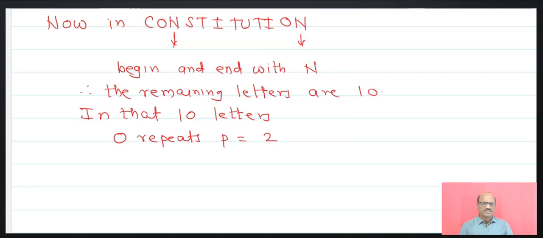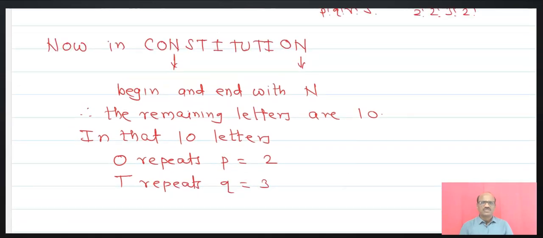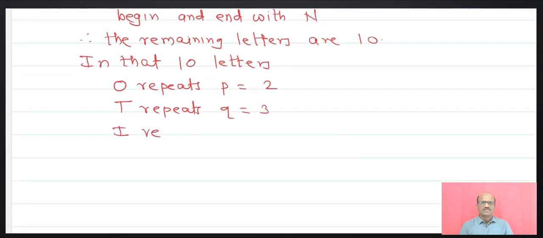That is, the repeat is 2 times, that is p is equal to 2. Next, T repeats, q is equal to 3. I repeats, r is equal to 2.